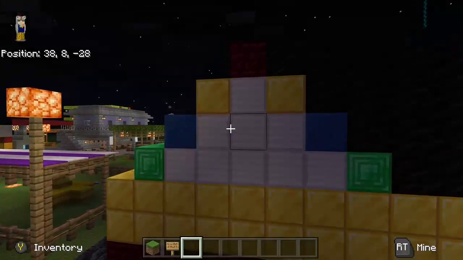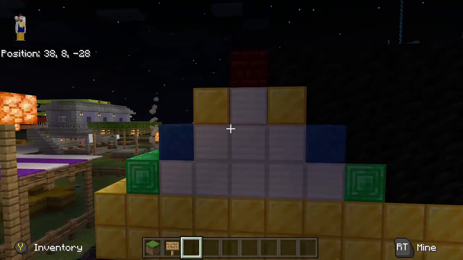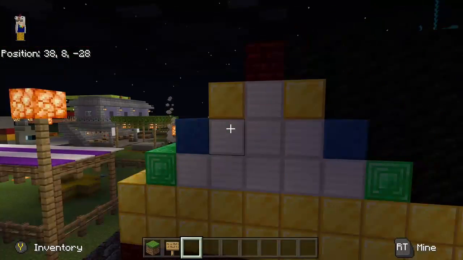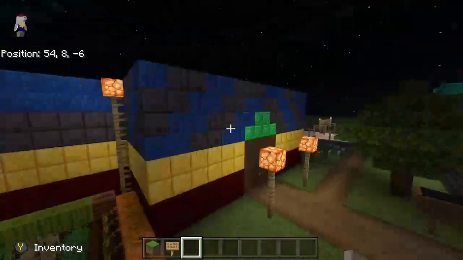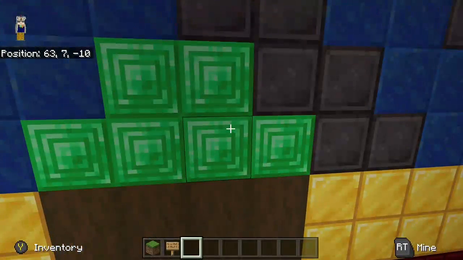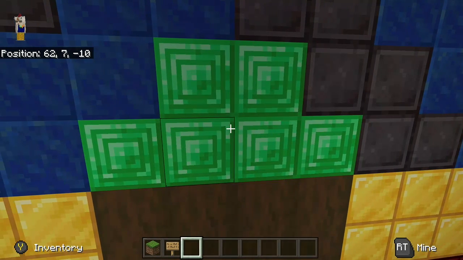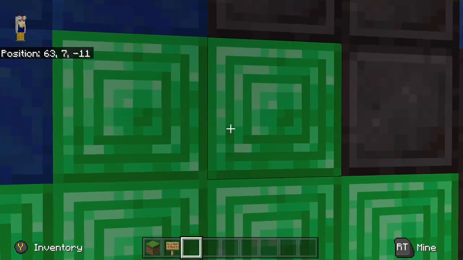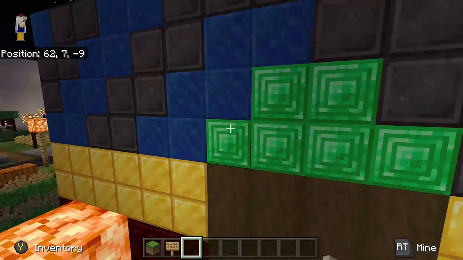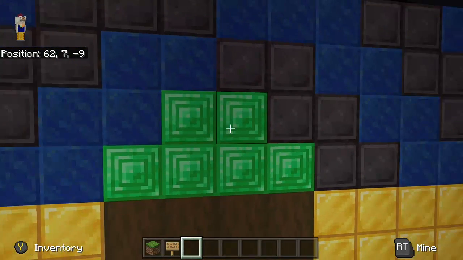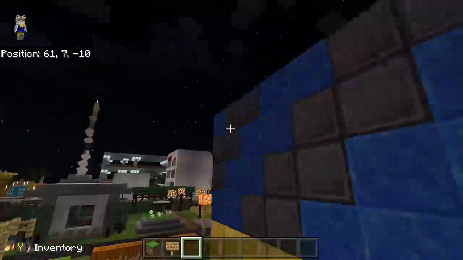Over here is a pedestal representing how much power they have. Also, you might have noticed the emeralds. These emeralds represent the spectators, the people who don't want to get involved and just want to get good grades and get out of there.